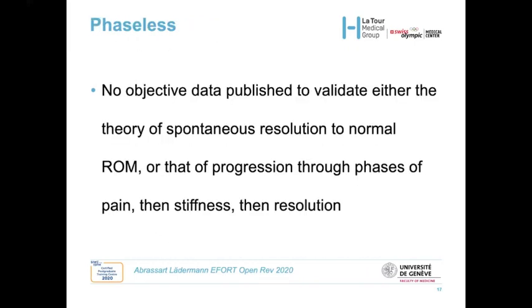And interestingly, we found that there is no science behind it. There is no objective data published to validate either the theory of spontaneous resolution to normal range of motion or progression through phases of pain, stiffness, and then resolution. Zero science behind it. Okay, very interesting.